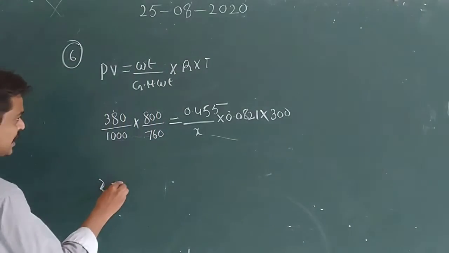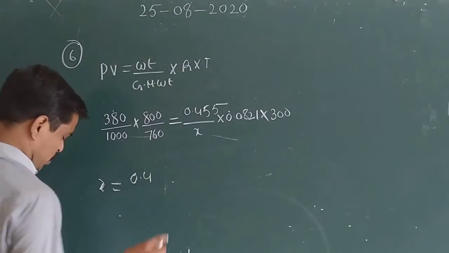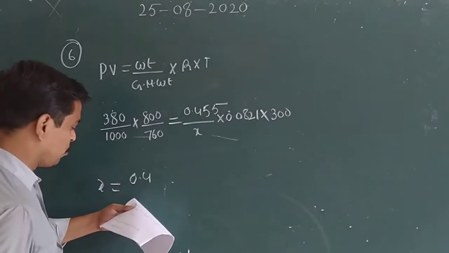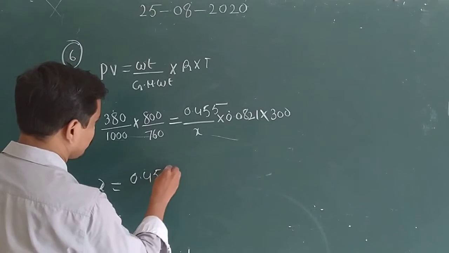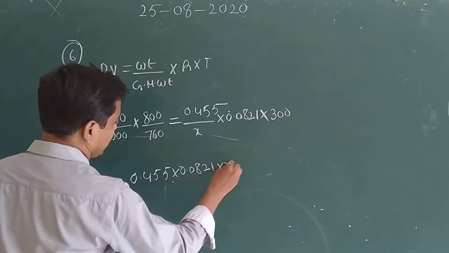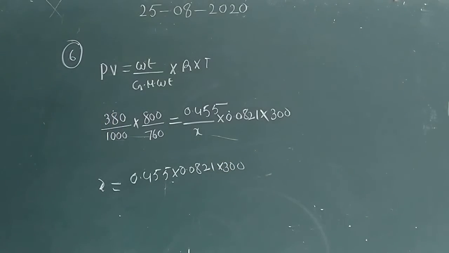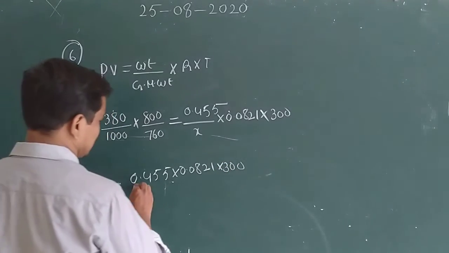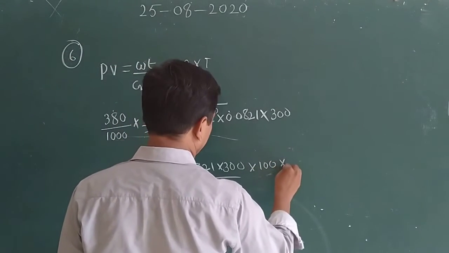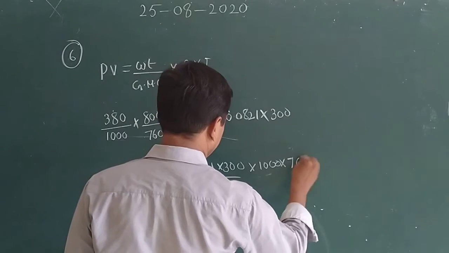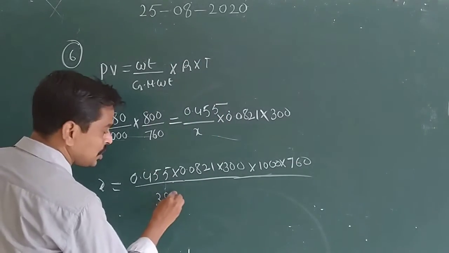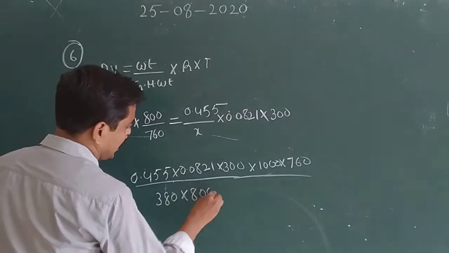That means X is equal to 0.455 into 0.0821 into 300 into 1000 into 760 by 380 into 800.